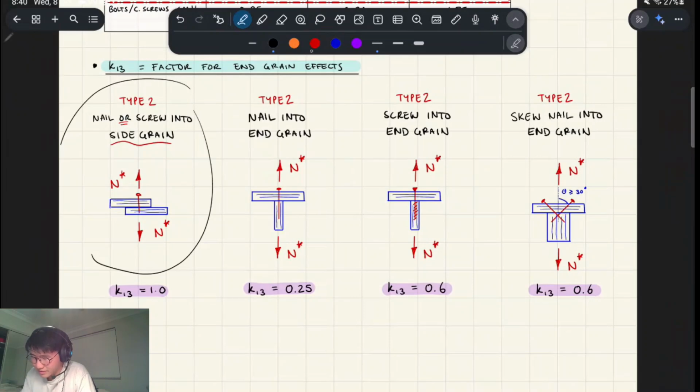And keep in mind, that's not to say that a nail and a screw have the same strength in tension. In fact, would someone like to guess in the chat which one's stronger in tension, or in withdrawal? Yeah, that's right. It's a screw.